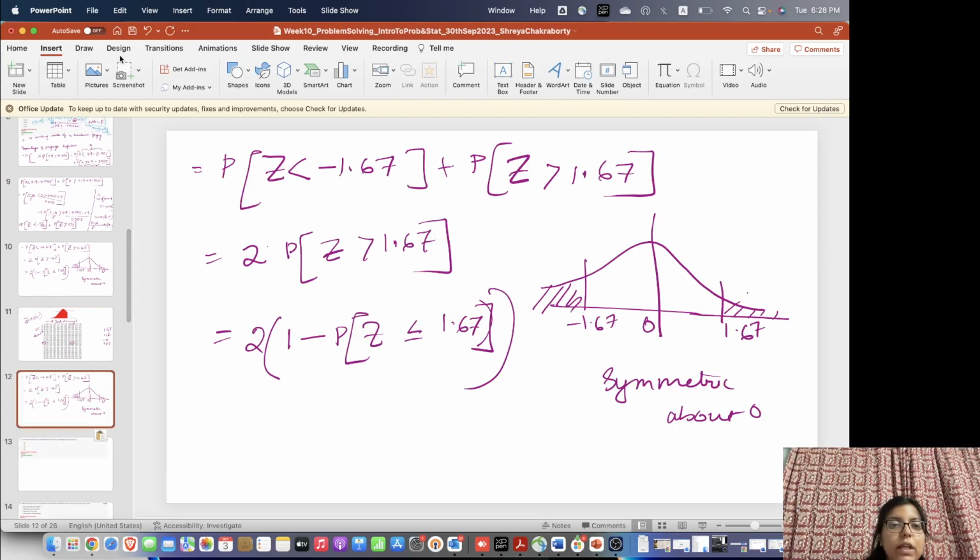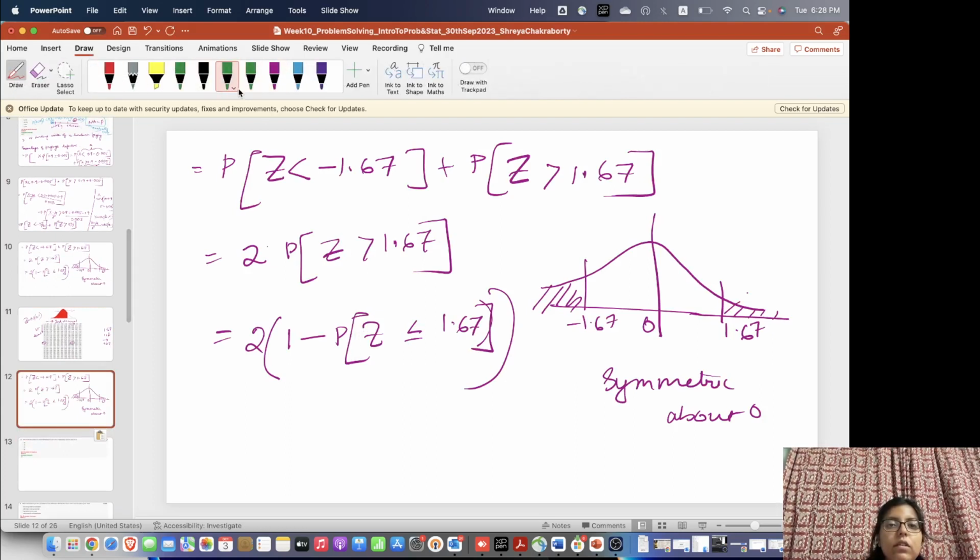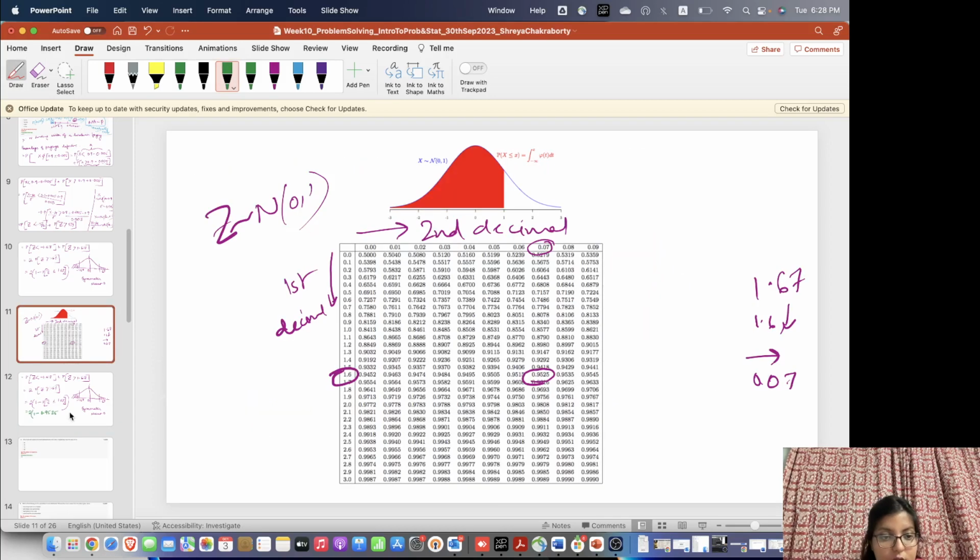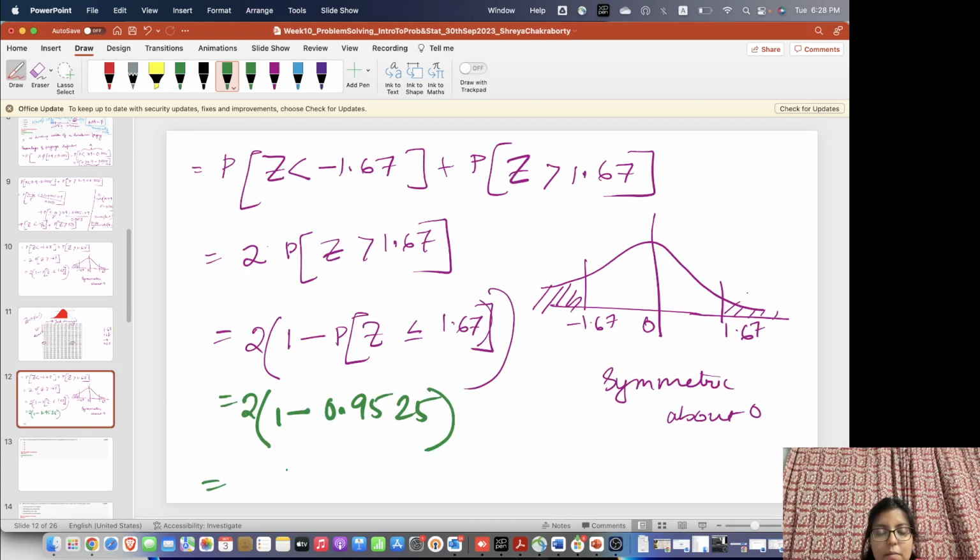So this would be 2 times (1 minus 0.9525). It was 0.9525, yes. So 2 times 0.0475, which comes to 0.095.